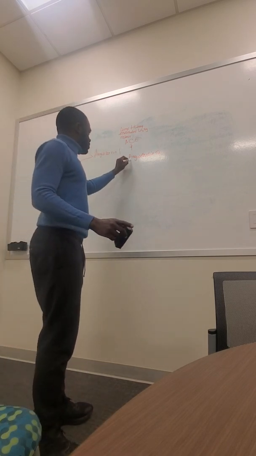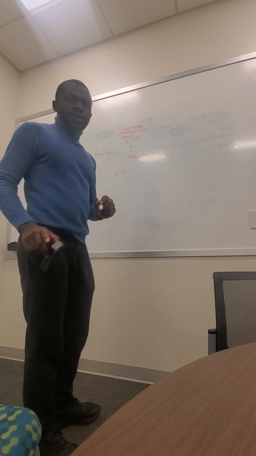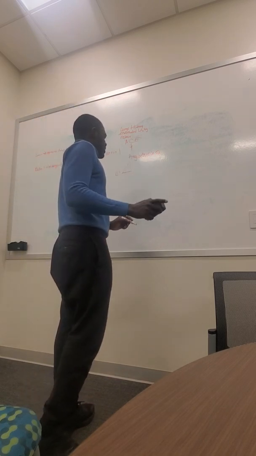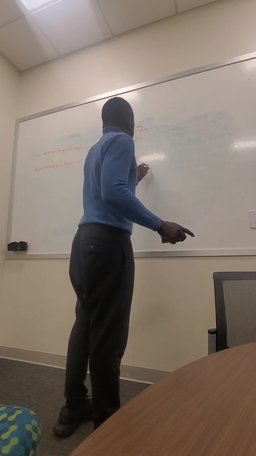Angiotensin 2 in the bloodstream, number 1, leads to increased stimulation of the sympathetic nervous system. So we're going to have an increase in SNS.